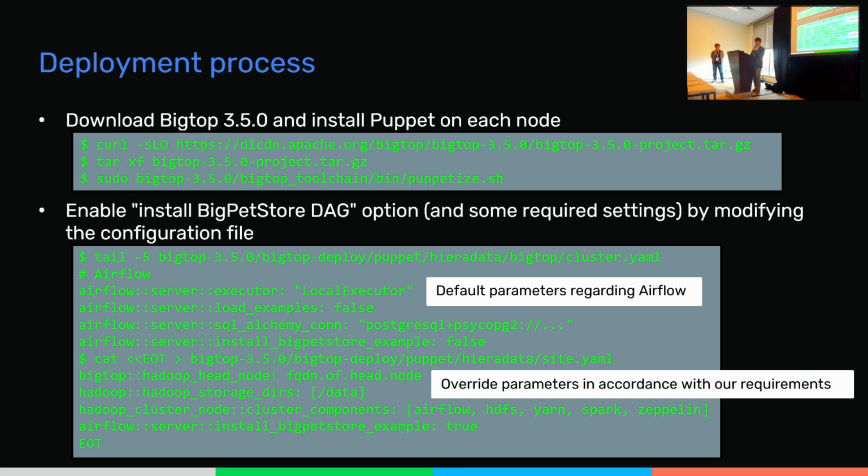It looks complicated, but it just defines 4 parameters to be set or overridden in the site.yaml file: FQDN for the head node, local directory path for storing HDFS data, components to be installed, and enabling the BigPetStore DAG. The first 3 parameters are required for any cluster, and the last one is needed to install the BigPetStore DAG.